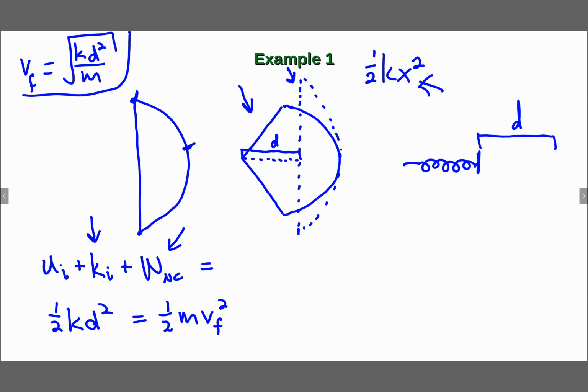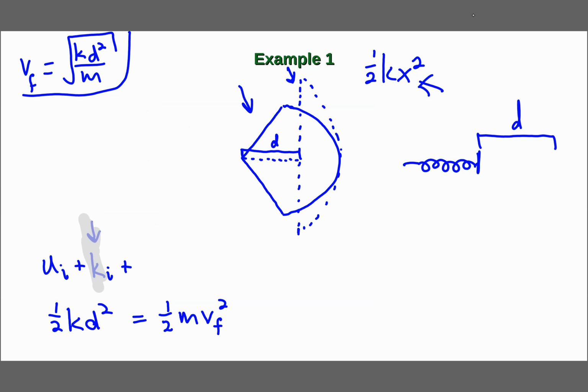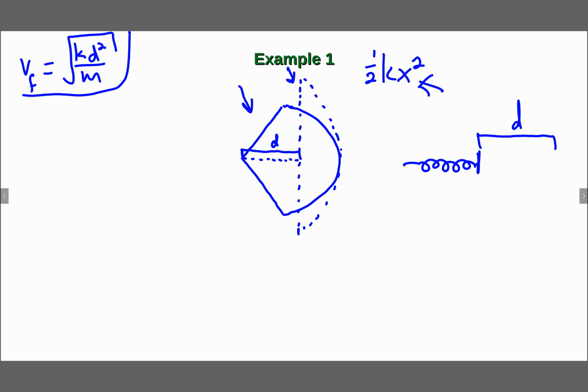And what's interesting about this, or what makes this so useful to people, is that I can draw the bowstring back as slow as I would like, okay? As long as I draw it back to some distance d, I'll get the same velocity, okay?